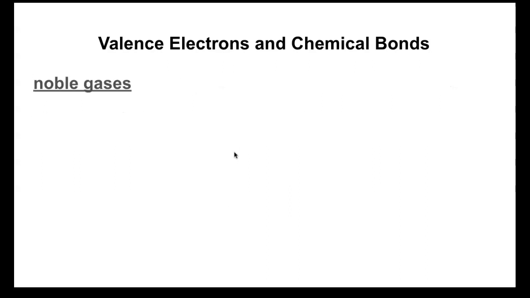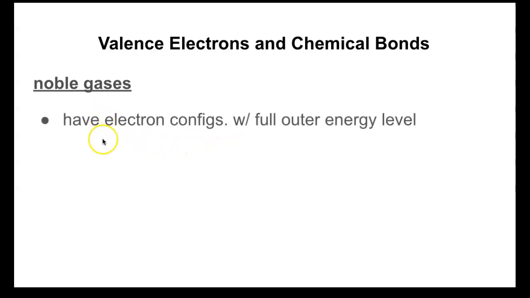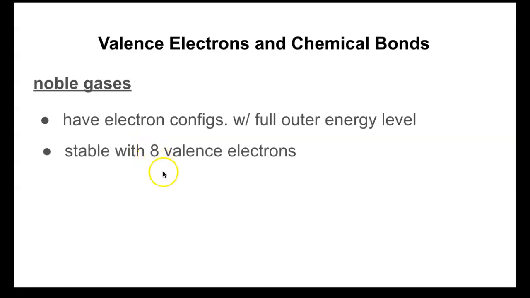Okay, noble gases, some things that you need to know about them. Try to commit these to memory. They have electron configurations with a full outer energy level. They are stable with 8 valence electrons, and they're unreactive. The reason they don't react with any other elements is because they already have 8 valence electrons.